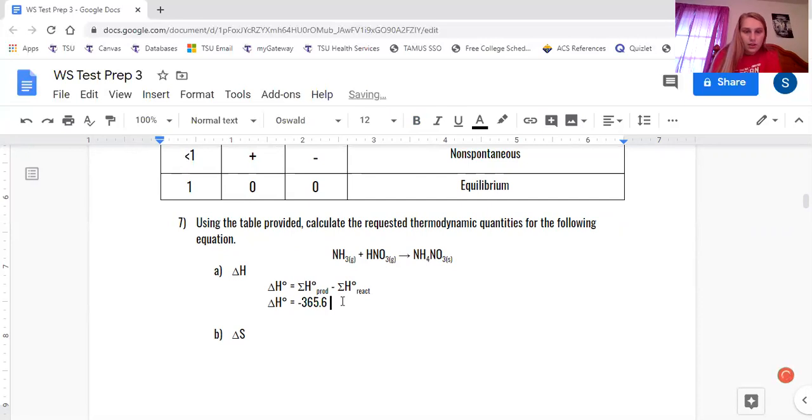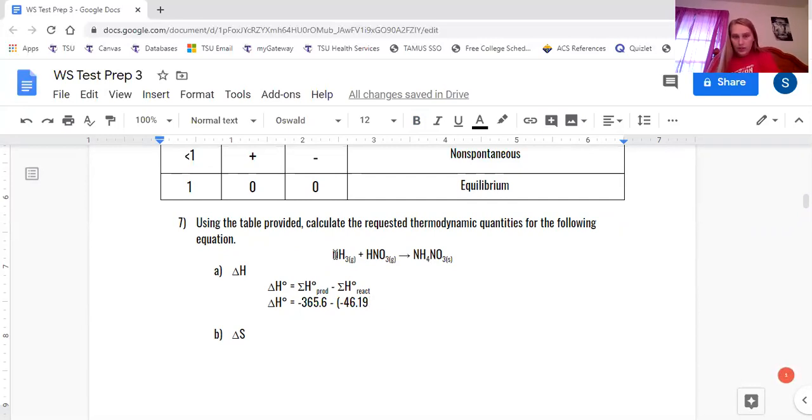So we're going to subtract all of the H naughts of our reactants. First we have NH3. We find that on there and see that it's negative 46.19. And the unit for all of these is kilojoules per mole, so I'm not going to type that out every time.